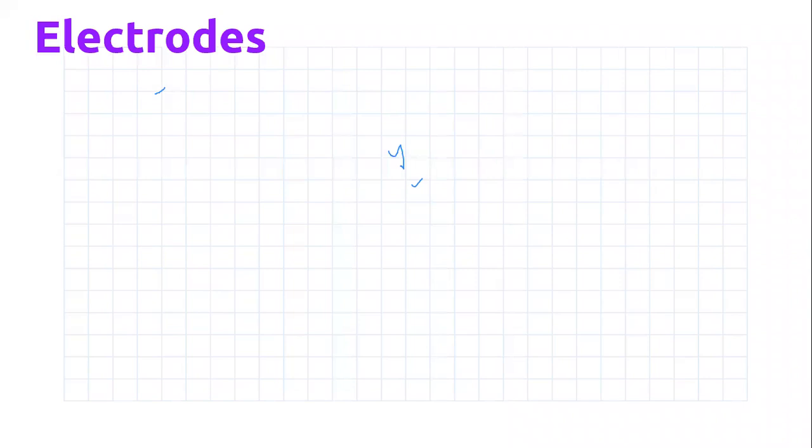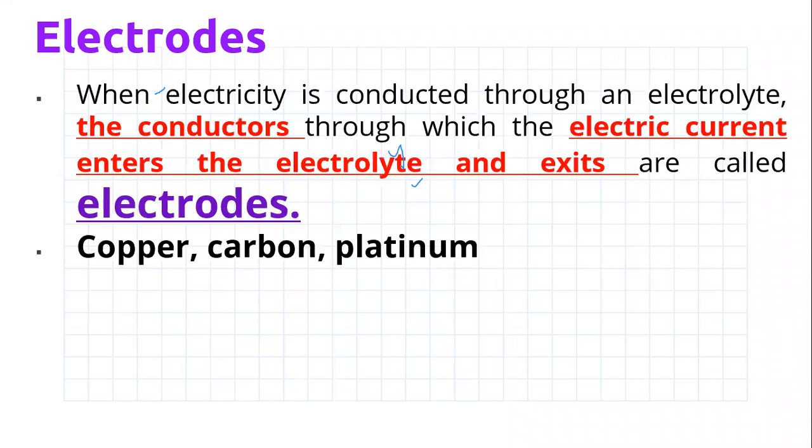So let's see what electrodes are. When electricity is conducted through an electrolyte, the conductors through which the electric current enters the electrolyte and exits are called electrodes. For example, you can say copper, carbon, platinum, or any other metal.